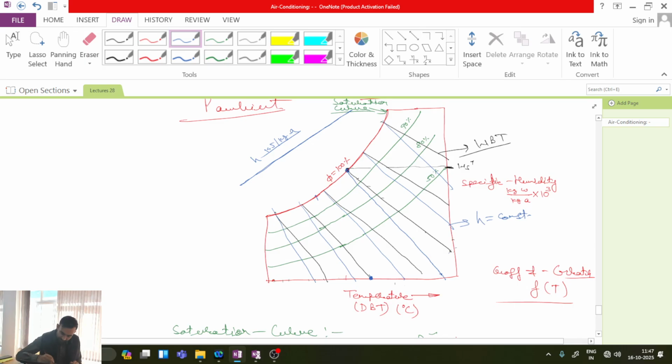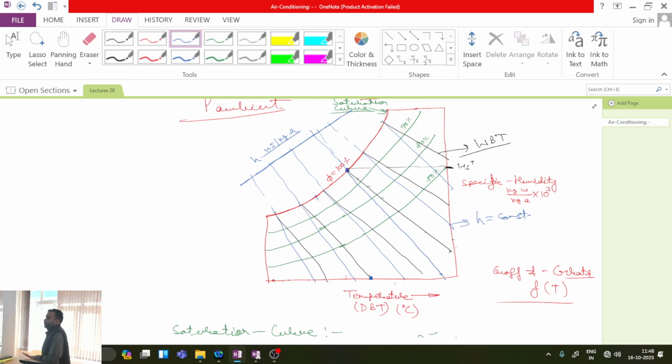If you extend these lines on this scale, you can read the value of the corresponding enthalpy. Is this one clear? So from here you can directly read the enthalpy value from your psychrometric chart.